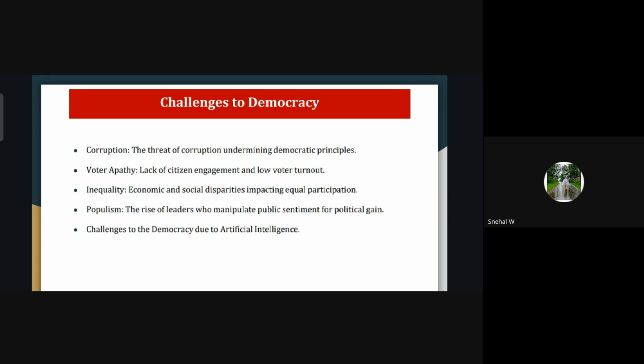Because democracy is what? Democracy is something where government is elected on the majority basis, right? So therefore, people's participation in elections is extremely essential.